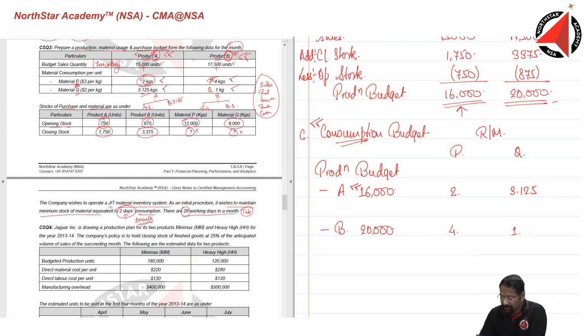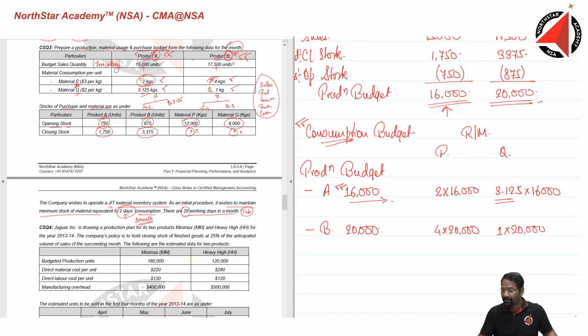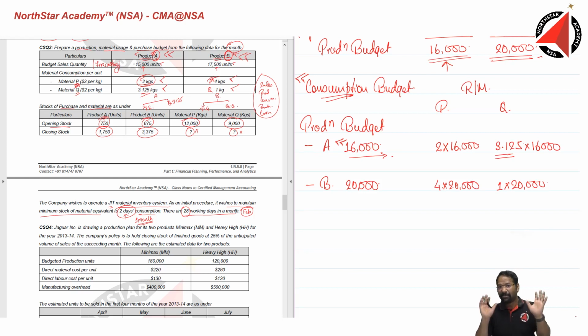Agreed? So it will be 2 into 16,000 and 3.125 into 16,000, horizontally. Similarly, 4 into 20,000 and 1 into 20,000. I hope none of you have a doubt about this, very basic mathematics.